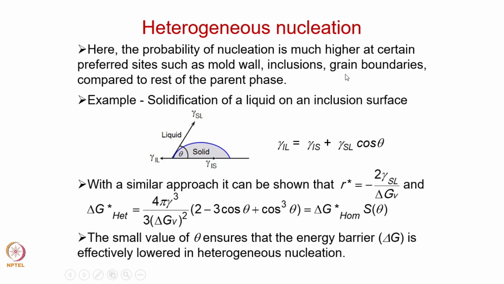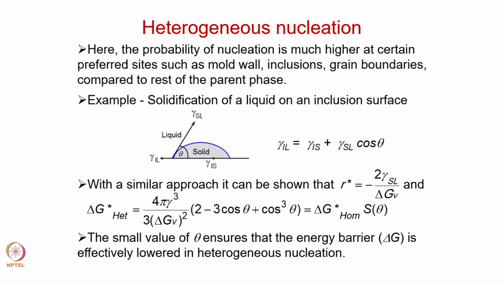So these are the sites which can act as the preferential sites for the first nucleus to form. And that is why this is known as heterogeneous nucleation, because now the nuclei will form heterogeneously at such sites rather than forming homogeneously.